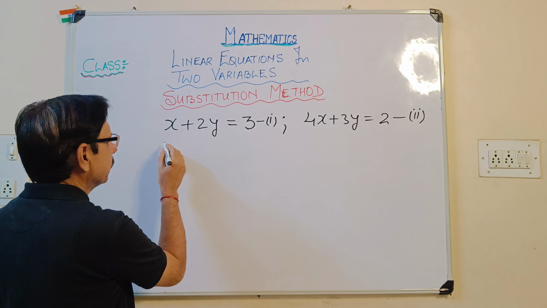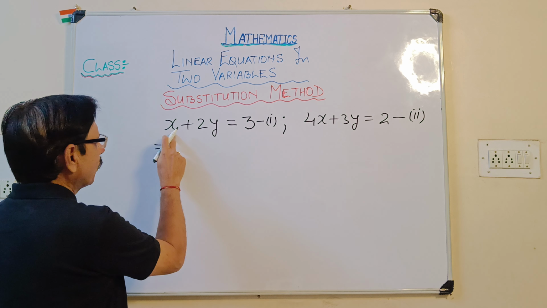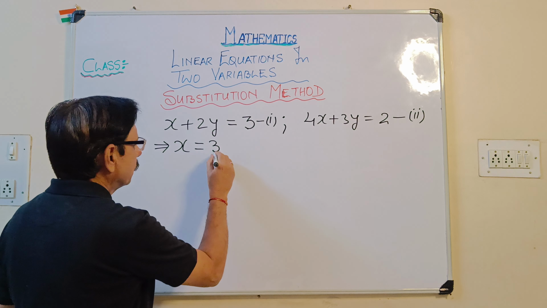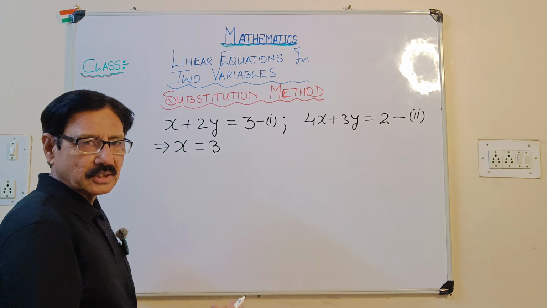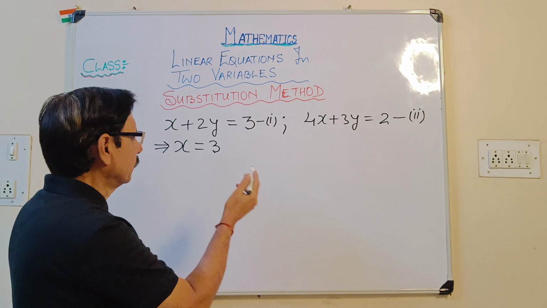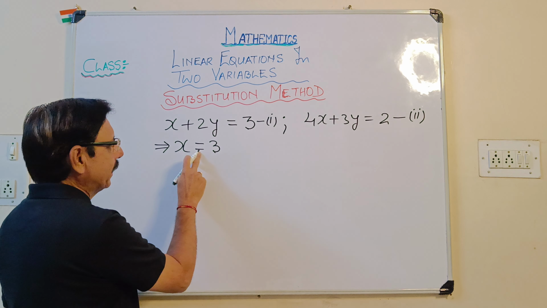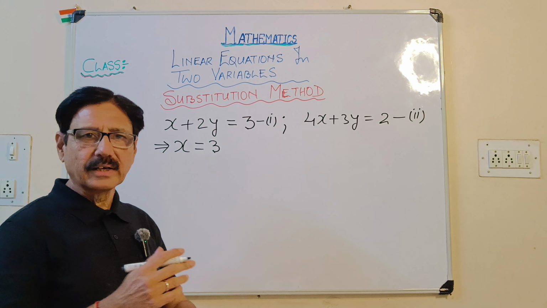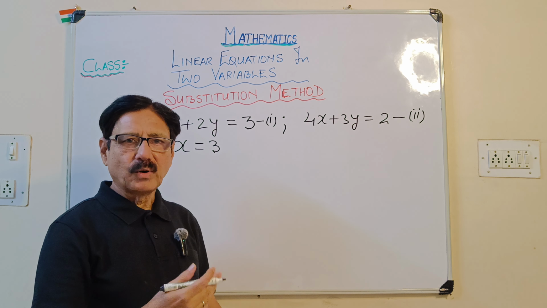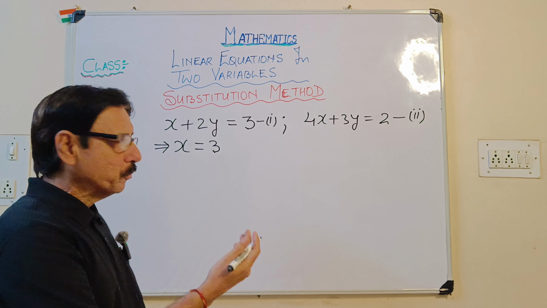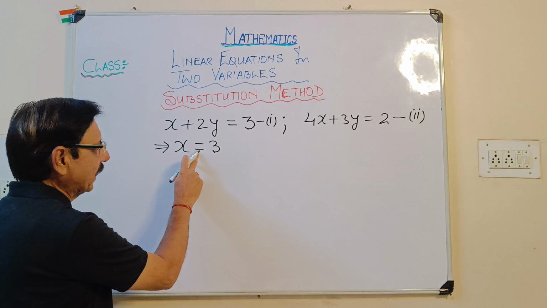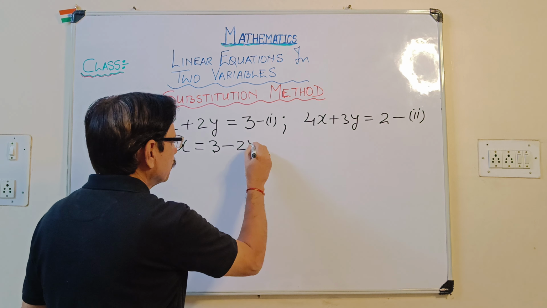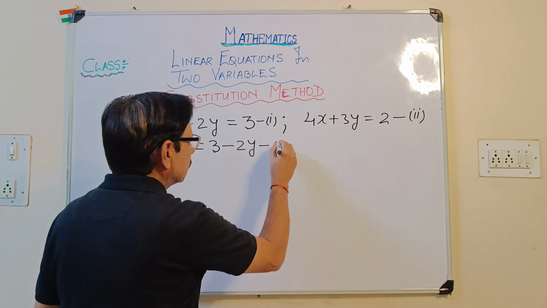Now this first equation I can solve for x. So x is equal to, we transpose the term, and whenever we transpose we have to change the sign to maintain the sign of equality. Many students don't know why we change the sign. Because to maintain the sign of equality, since the equals sign is there. So it will be minus 2y. Now this will be your third equation.